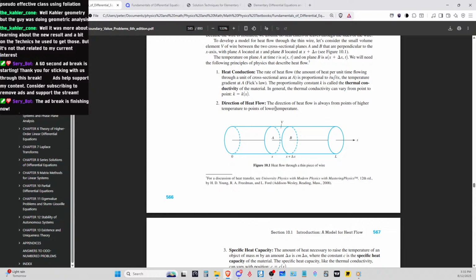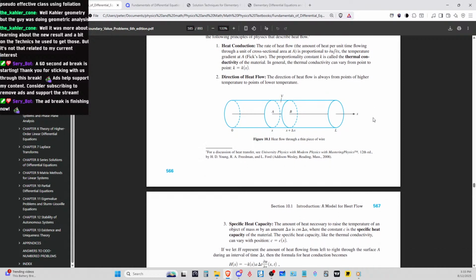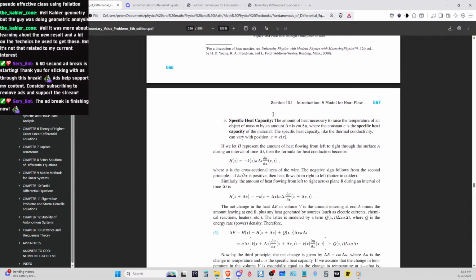The direction of heat flow is always from points of higher temperature to points of lower temperature. Okay. Specific heat capacity.